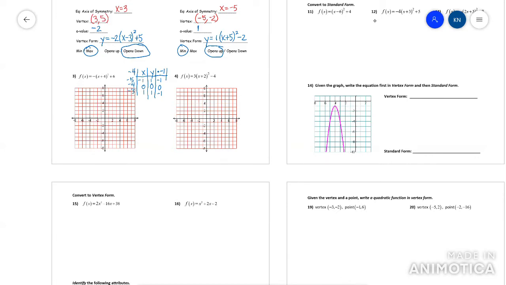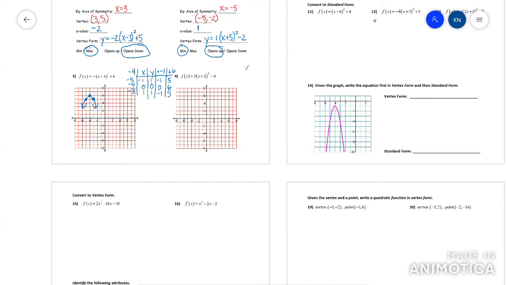And I'm going to be adding 6 to the y's. Go ahead and plot it. Negative 5, 5 is here. Negative 4, 6. Negative 3, 5. This graph would look something like this. And that's it.